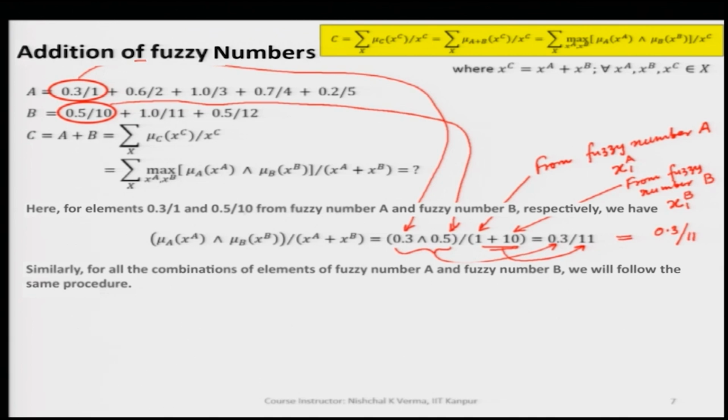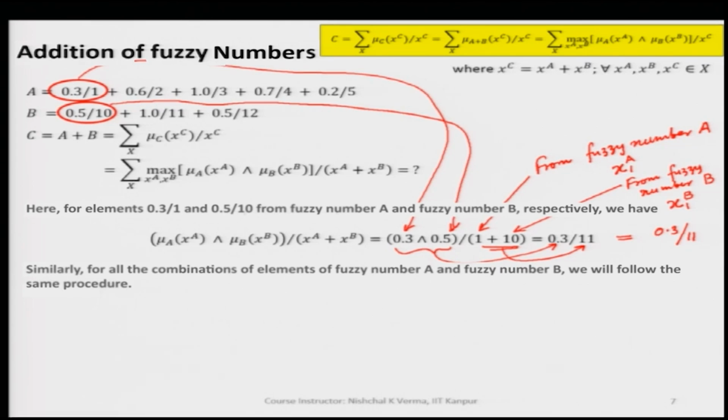So, this way we have got the first term, and similarly we will go through all the combinations of A and B elements. Let us now go ahead and see what we are getting.